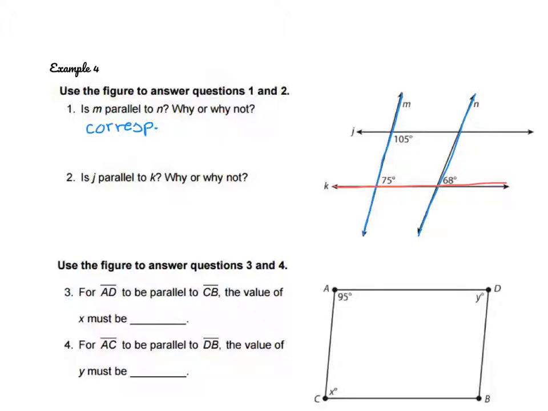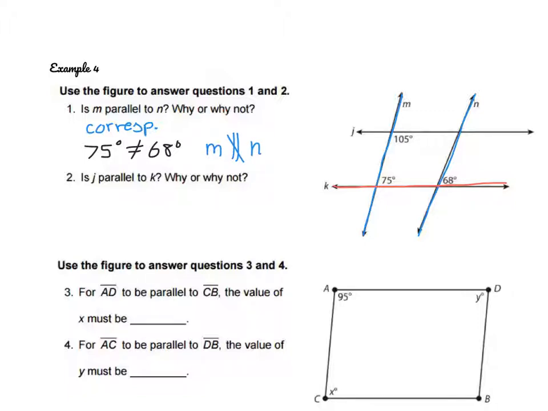And according to our converse, these angles should be congruent if our lines are parallel. However, we can state that 75 degrees is not equal to 68 degrees. So we can also conclude from that that M is not parallel to N.